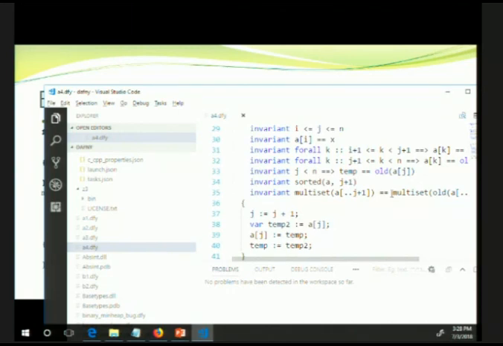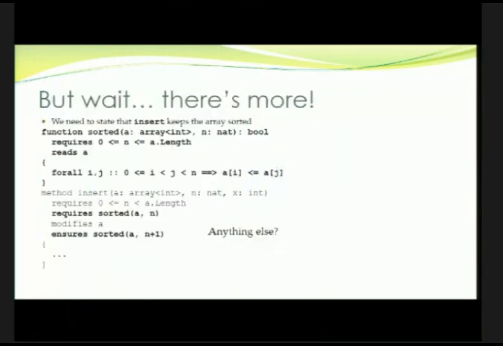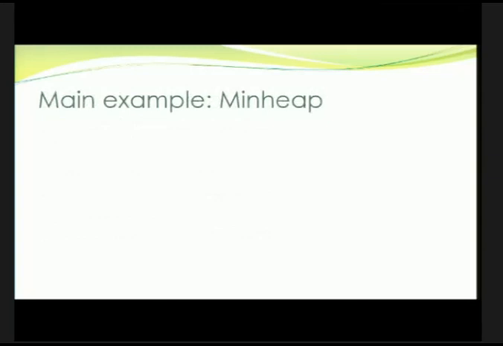Okay, so here is the more sophisticated example that I wanted to do, and that's min heaps. Okay, so that's a data structure, right? I should mention at this point, I said I'll give them a simple algorithm.